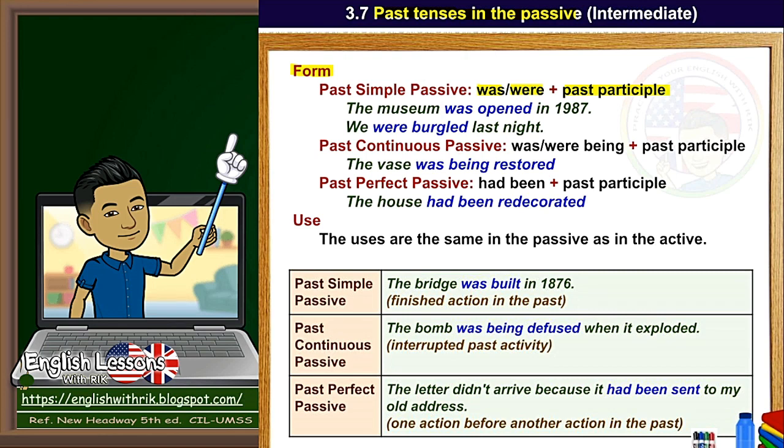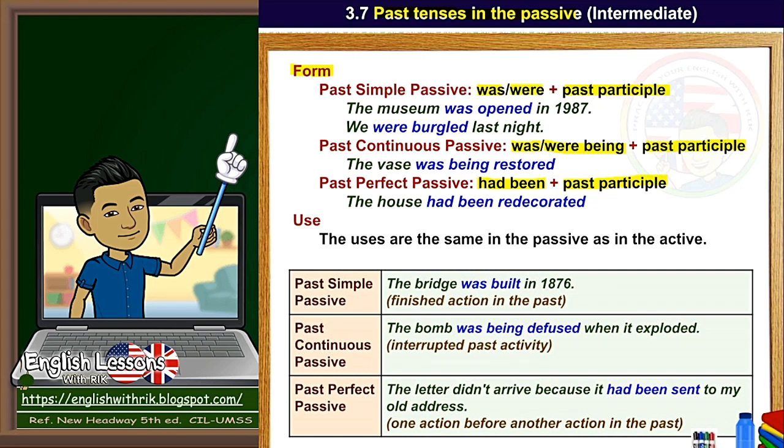The form of the past continuous passive is was being or were being plus past participle. The vase was being restored. The form of the past perfect passive is had been plus past participle. The house had been redecorated.